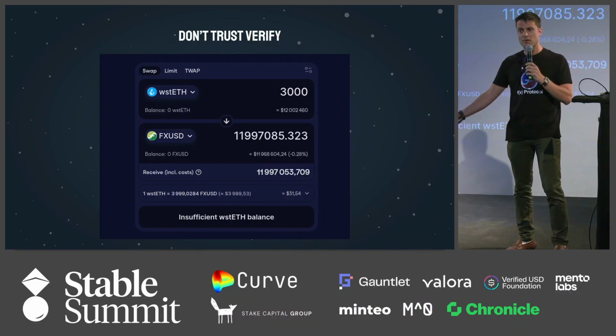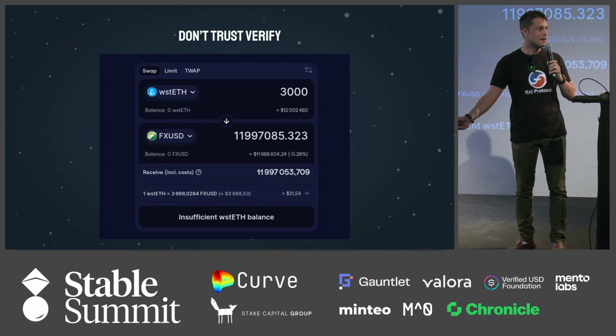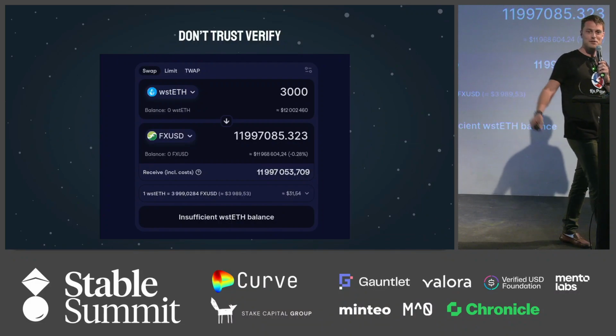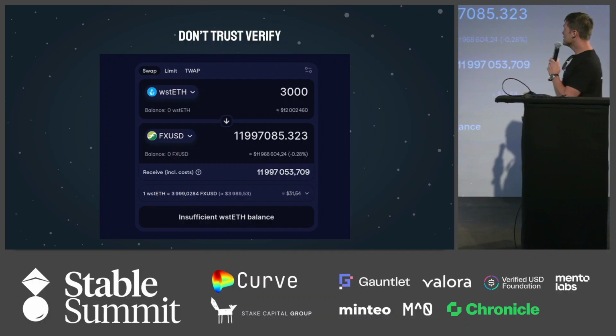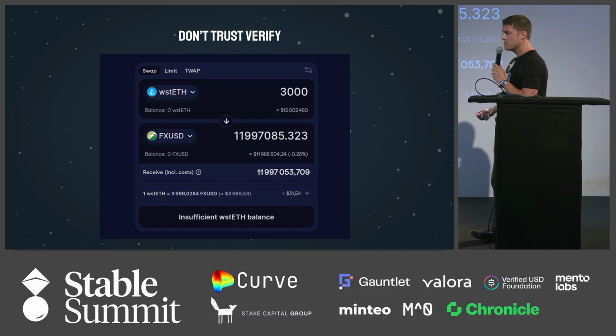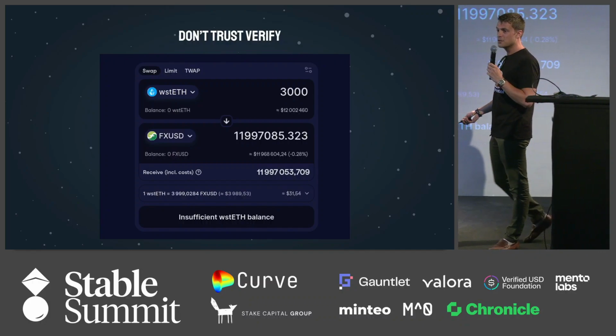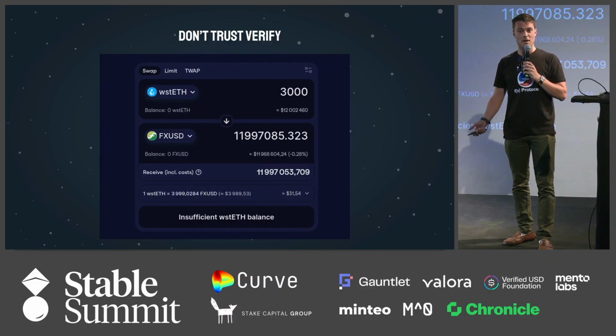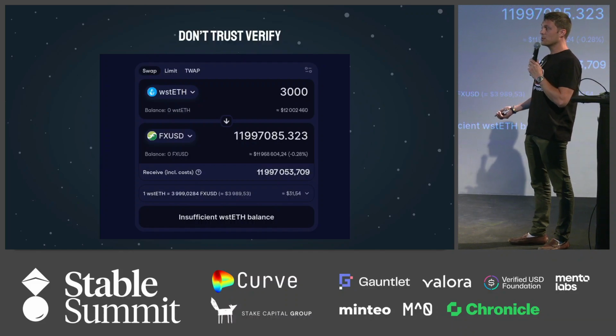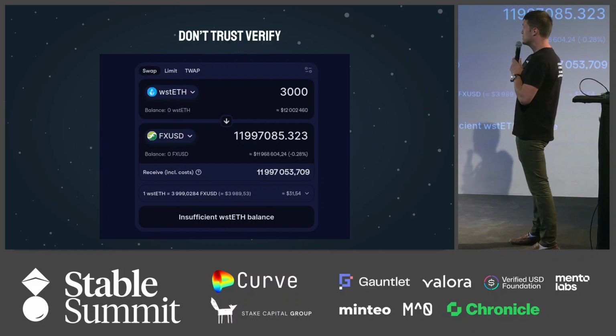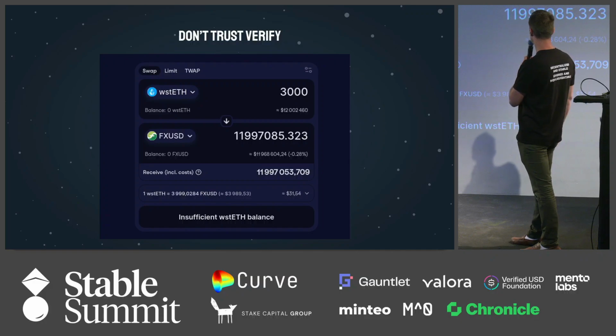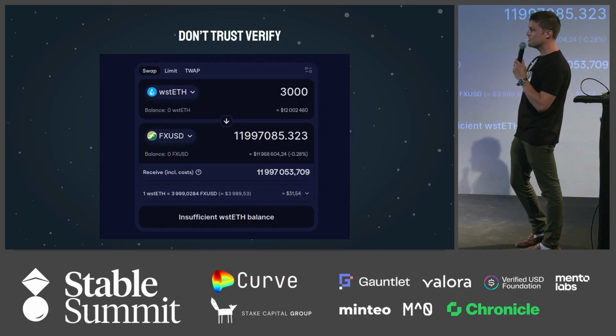So, yeah, as I like to say, don't trust, verify. I verified for you, but you can do the exercise as well. I went to CowSwap. Since I told you, you can see the protocol just like a DEX, DEX aggregators routed the protocol just like a DEX. So did CowSwap. So I did a little experiment. I tried to swap 3,000 wrapped staked ETH for FXUSD on CowSwap.